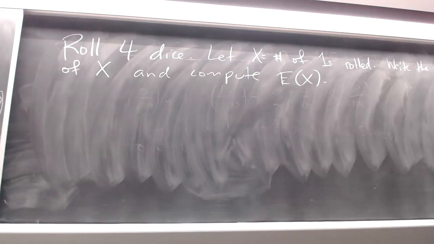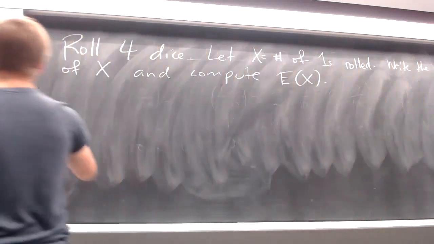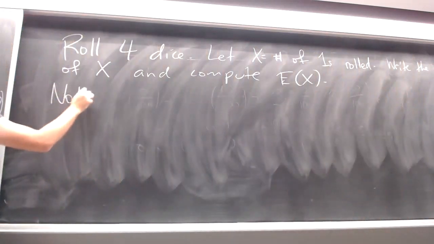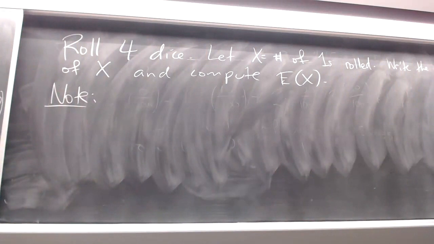So this random variable x, it's a special type of random variable that we talked about last time. Can anyone remember the name of that type of random variable? Starts with a B. So it's a binomial random variable, right?